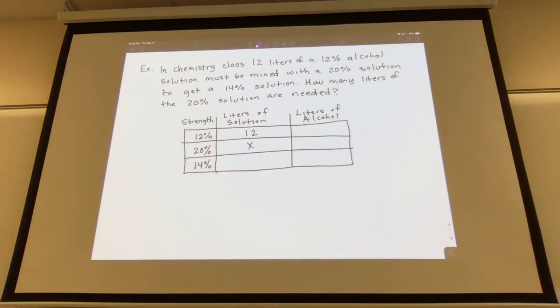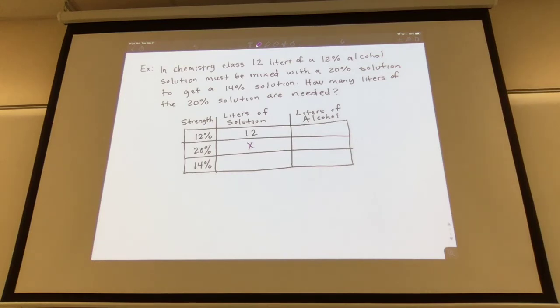And then you probably should know something about the next one where it says when you mix them together, you'll get a 14% solution. So what are we doing with those?